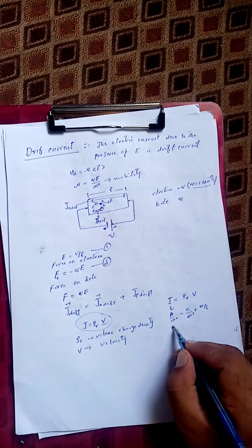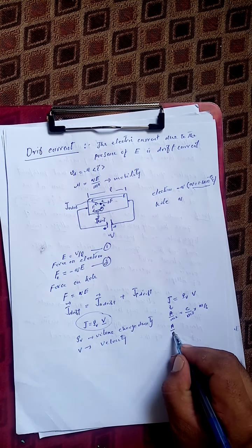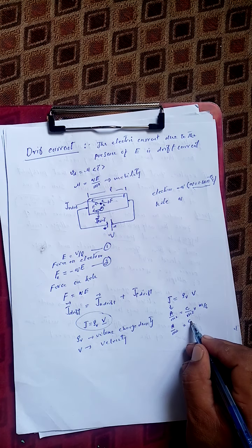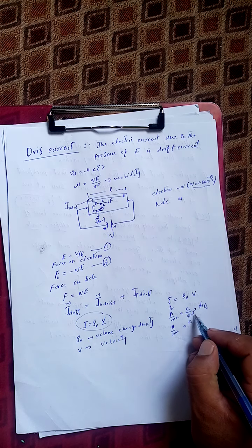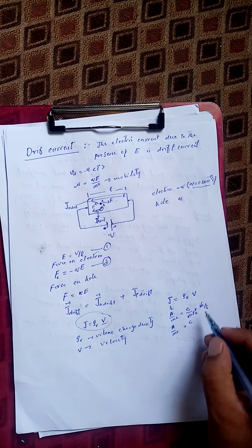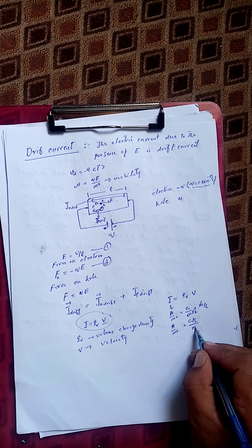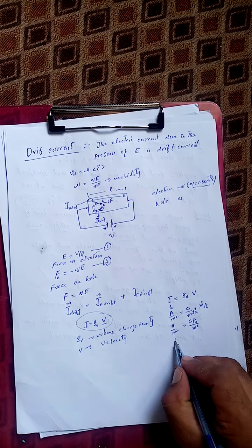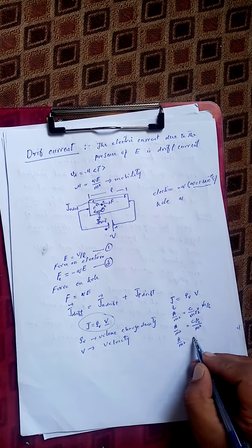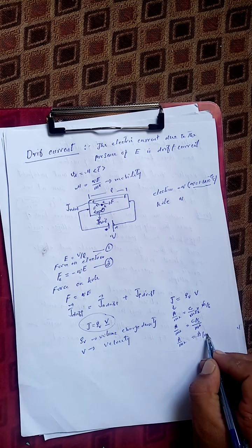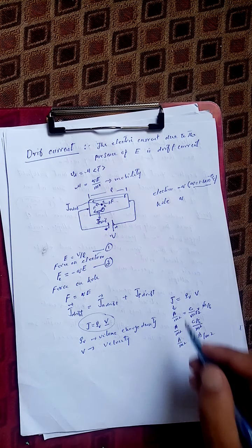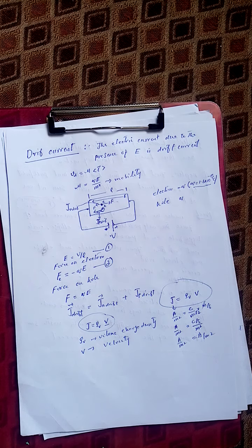So ampere per meter square is equal to coulombs, meter cancels with this, so this 3 will become 2. So coulombs per second, I can write it as ampere, and then we have meter square. So ampere per meter square is equal to ampere per meter square. The units are the same, so it means that this equation is valid.